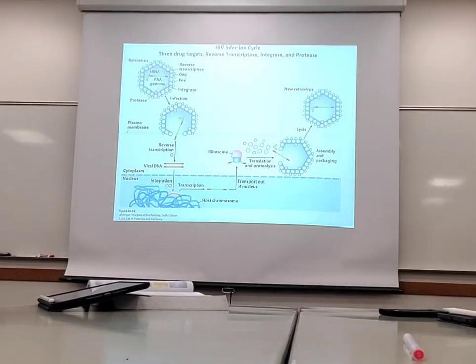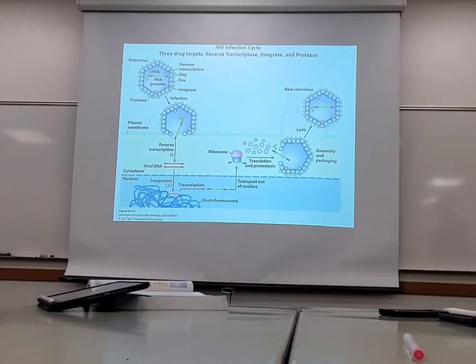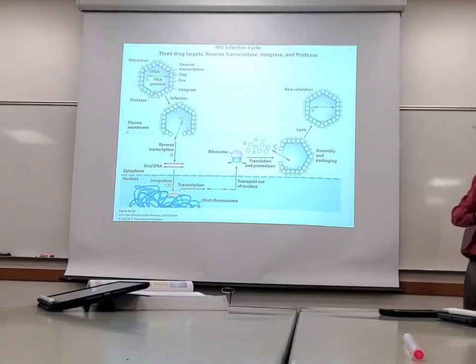Okay, so reverse transcriptase is going to change your viral DNA back into effectively the same nucleotide code as the DNA of your cell. Your integrase is going to clip and attach the viral DNA into the host DNA, and then your protease starts working on protein formation.